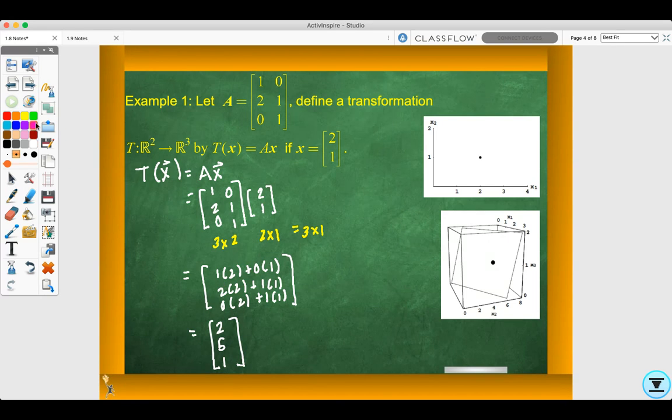So here, if I'm looking at it, this is X in R2. Okay, the domain is R2. Here is my transformation of X in R3.